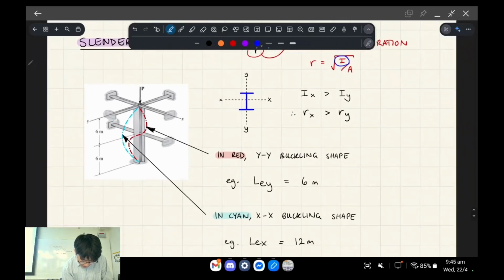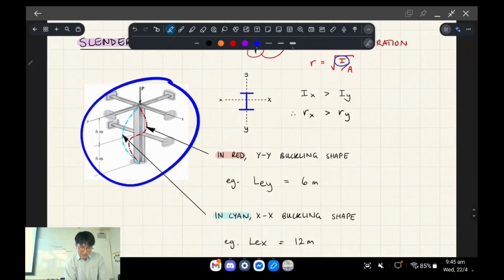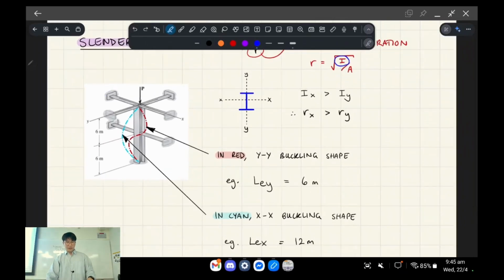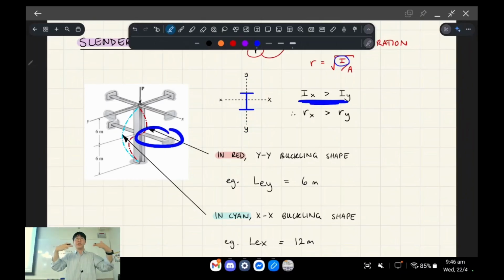Sometimes you get questions like this, where it's restrained in one direction but not the other. For an I-beam, we know the moment of inertia bending about this axis is bigger than if it was bending sideways. But what happens if the sideways direction is restrained in the middle, like in this question?